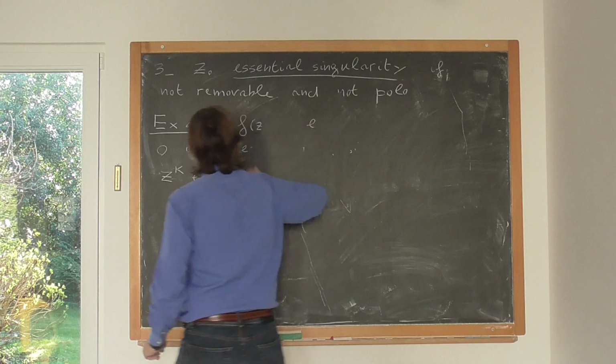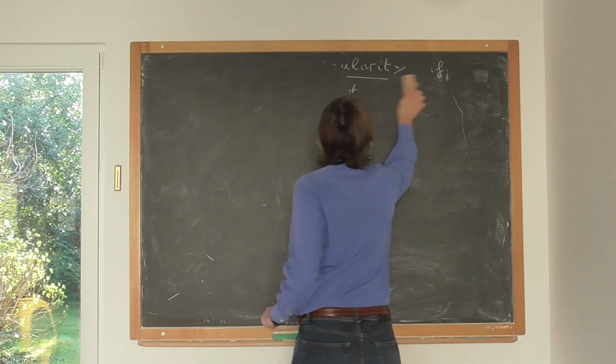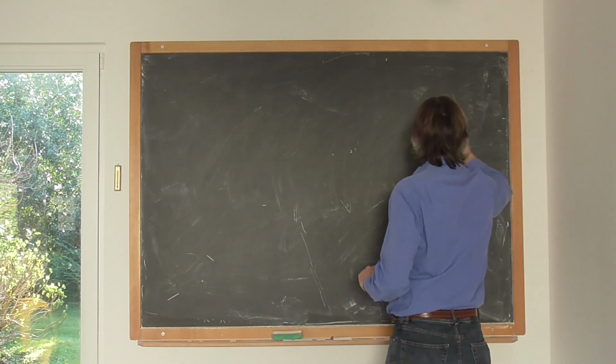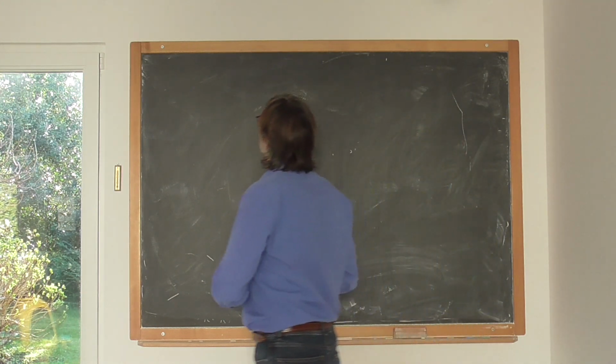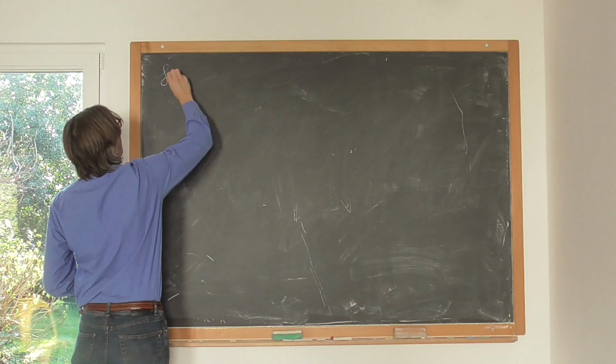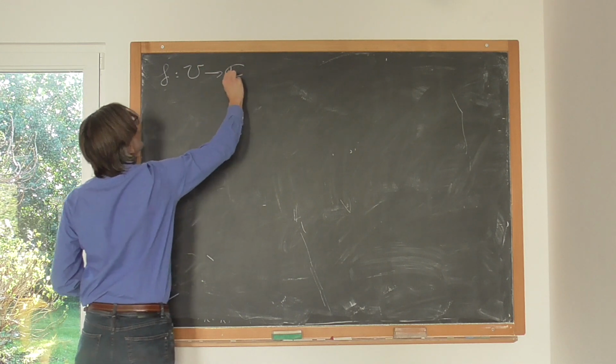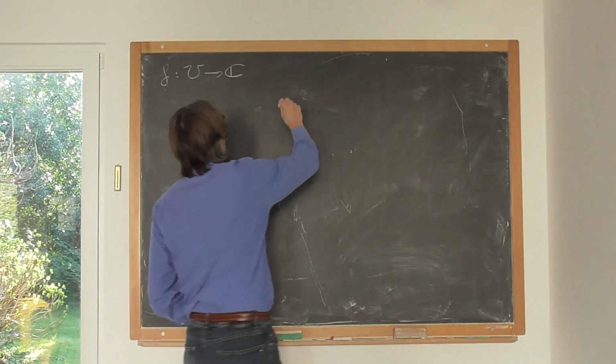So let me recall, in the first lecture we have seen Laurent series. Again, we have our function f, domain U, values in C, it's holomorphic.